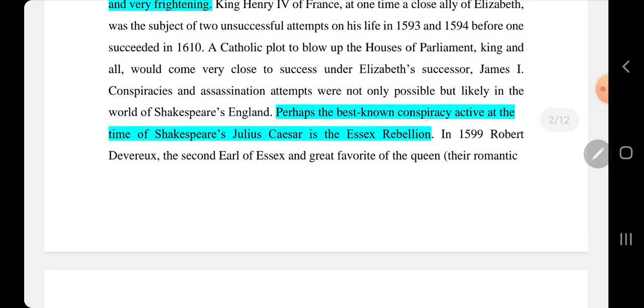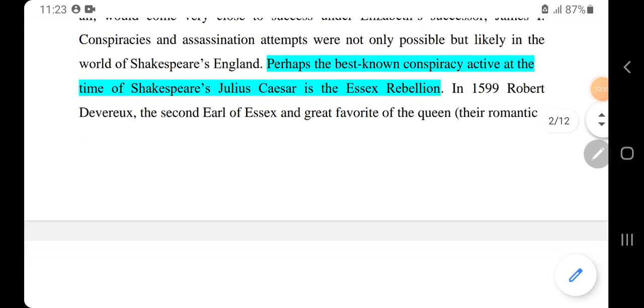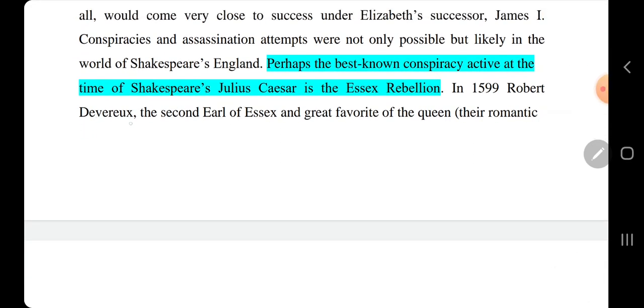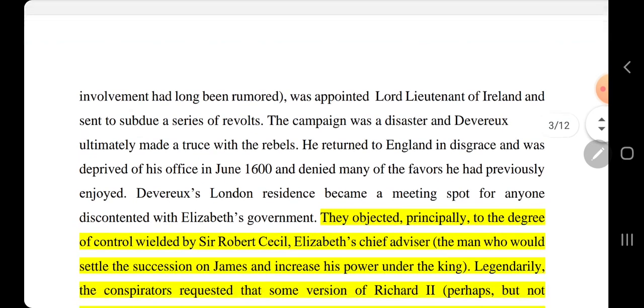Perhaps the best known conspiracy active at the time of Shakespeare's Julius Caesar is the Essex rebellion. So, student, in 1599, try to pay attention to this. In 1599, Robert Devereux, the second Earl of Essex and a great favorite of the Queen, was appointed Lord Lieutenant of Ireland and sent to put down a series of revolts.